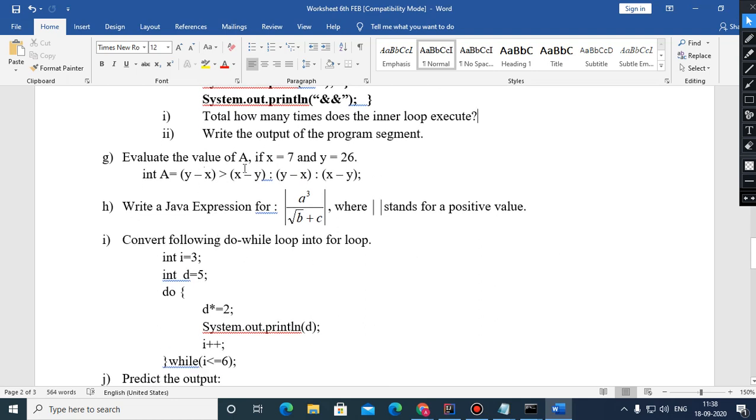After this, evaluate the value of A if X is 7 and Y is 26. Please try to solve this question. Evaluate the value of A if X is 7 and Y is 26. Hurry up. Why?